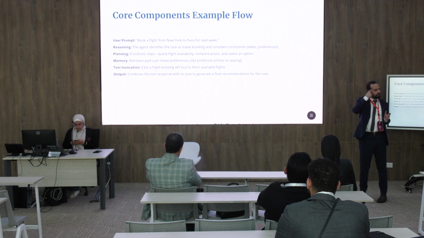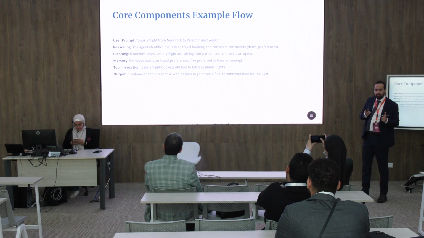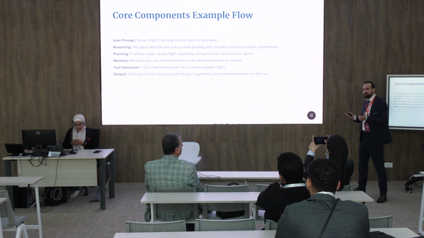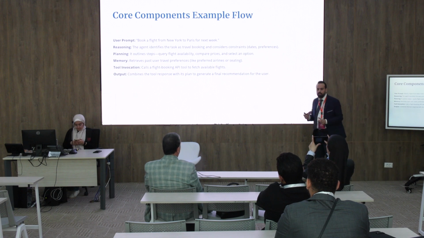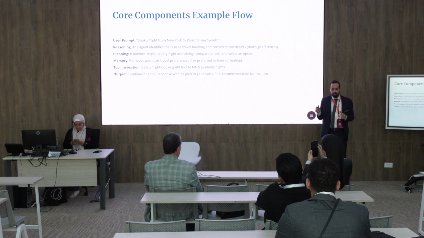In the back of the mind of the AI agent, it says the user wants to book a flight, so I will try to figure out what the constraints are. He wanted next week, and he wanted from New York to Paris. Is it a one-way flight? Is it a two-way flight?